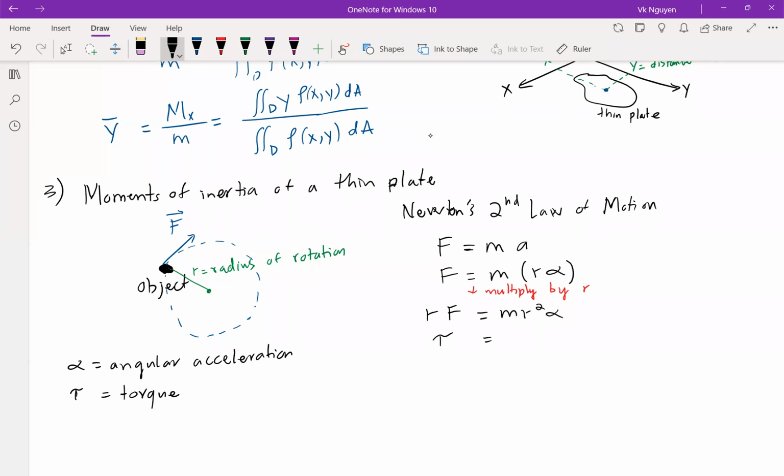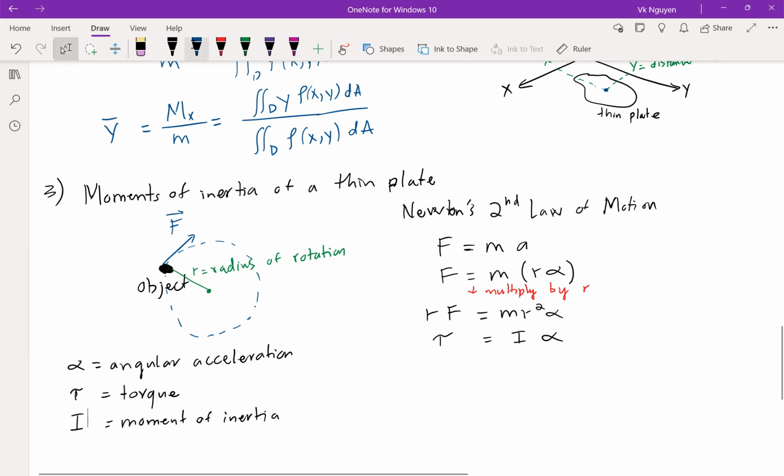It's the moment of inertia. Okay, so that's it. That is the nice formula that we get from Newton's second law of motion.